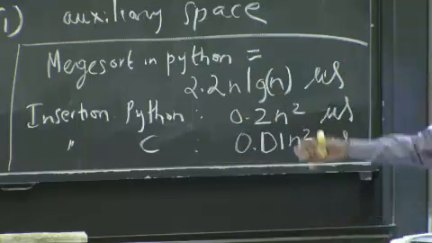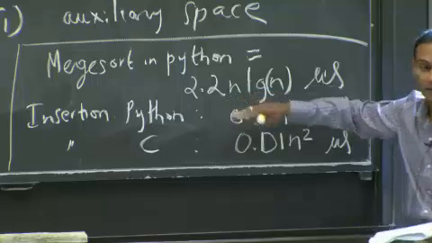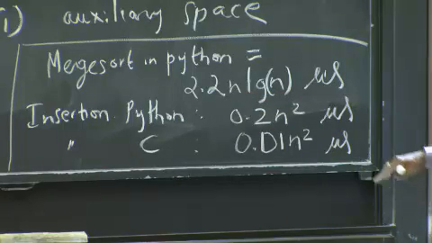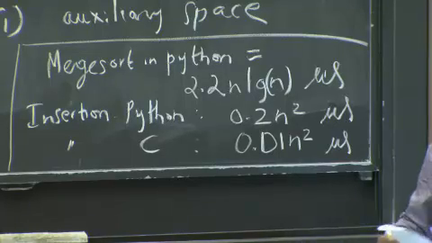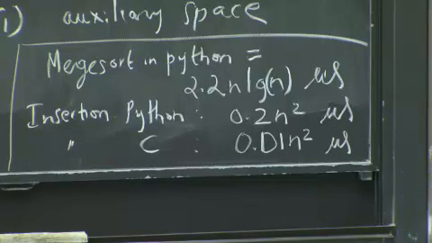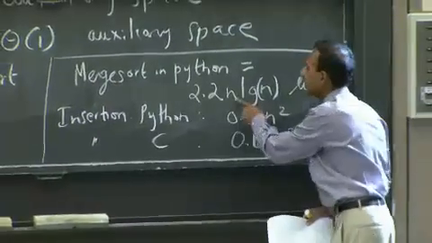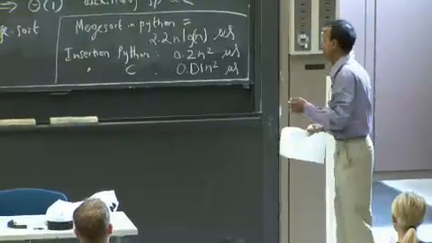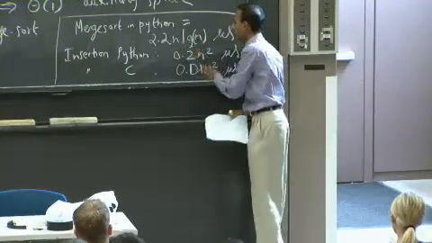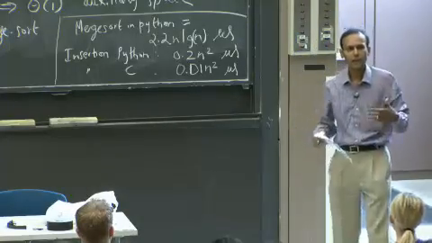Okay? So a little bit of practice on the side. We do ask you to write code, and this is important. The reason we're interested in algorithms is because people want to run them. So regardless of whether you're Python or C, this sort of tells you that asymptotic complexity is pretty important, because once n gets beyond about 4,000, you're going to see that merge sort in Python beats insertion sort in C. Right?